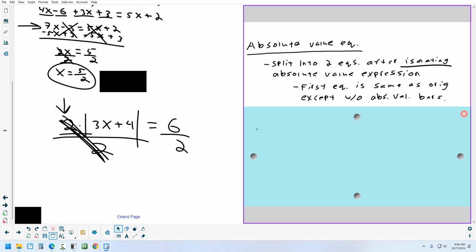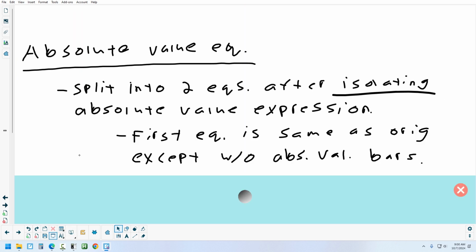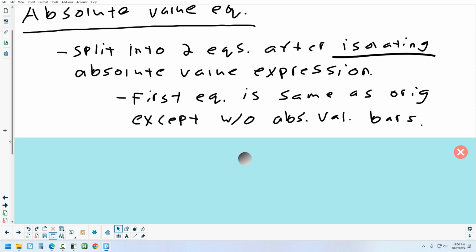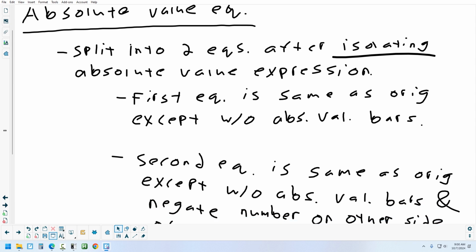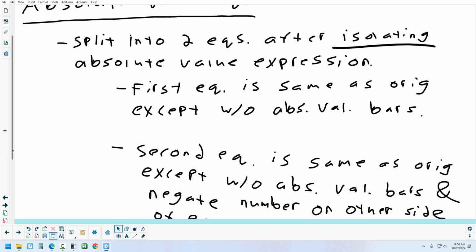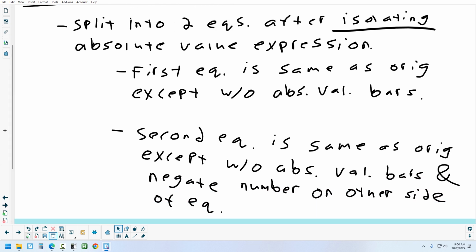So the first problem we're going to split it into is basically going to be just take out the bars. It's going to be exactly what the original problem was. You're just not going to copy the bars down. For the second problem, we're still going to copy it down without the bars, but we're also going to change the sign of the number.